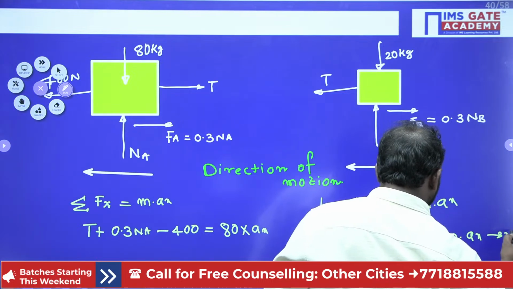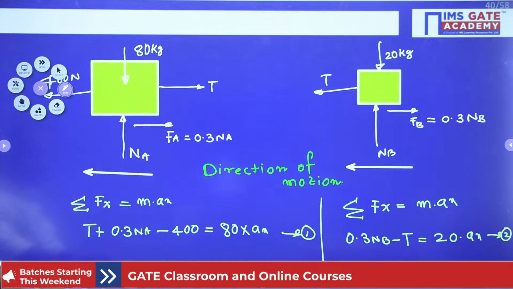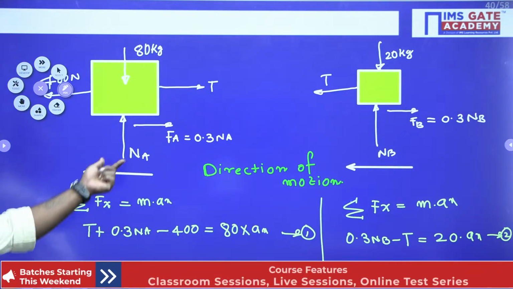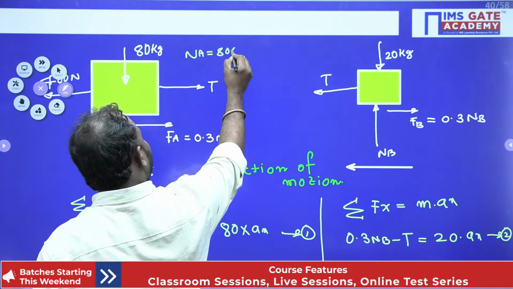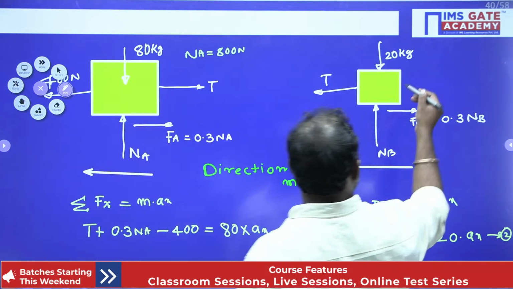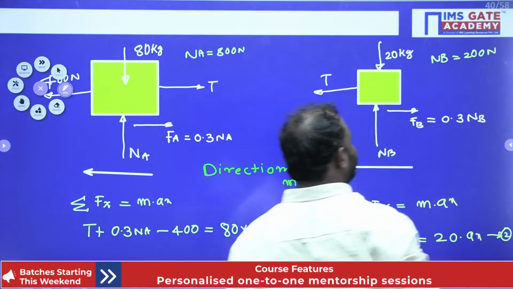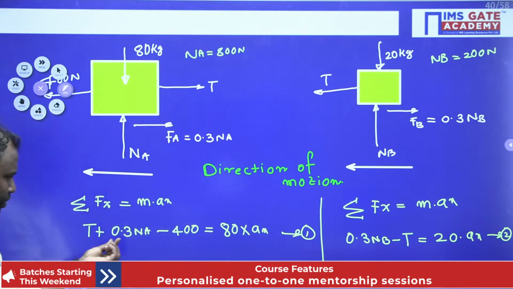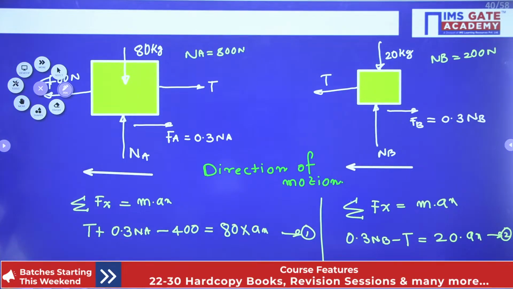Say it is equation number 2, and that was equation number 1. Okay, I just elaborate my equation number 1. Na equal to 800 newtons, right. Here also Nb is equal to 200 newtons, isn't it guys, right. Now substitute Na value and Nb value, and then you will get the tension in the body.